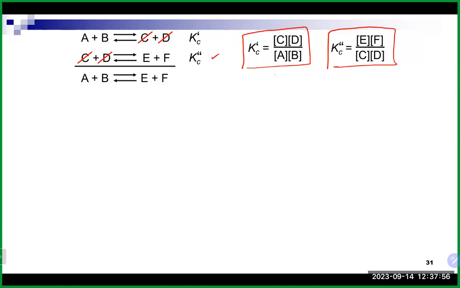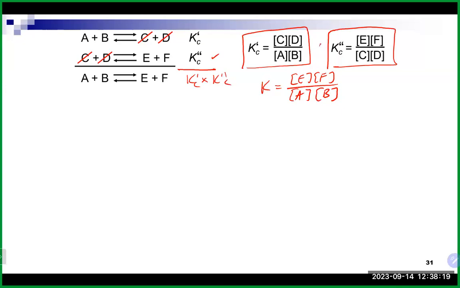If we were to write our equilibrium expression for this, K is equal to E times F divided by A times B. Essentially, how we get that is we take these equilibrium constants and we multiply them, not add them, which is a common mistake.